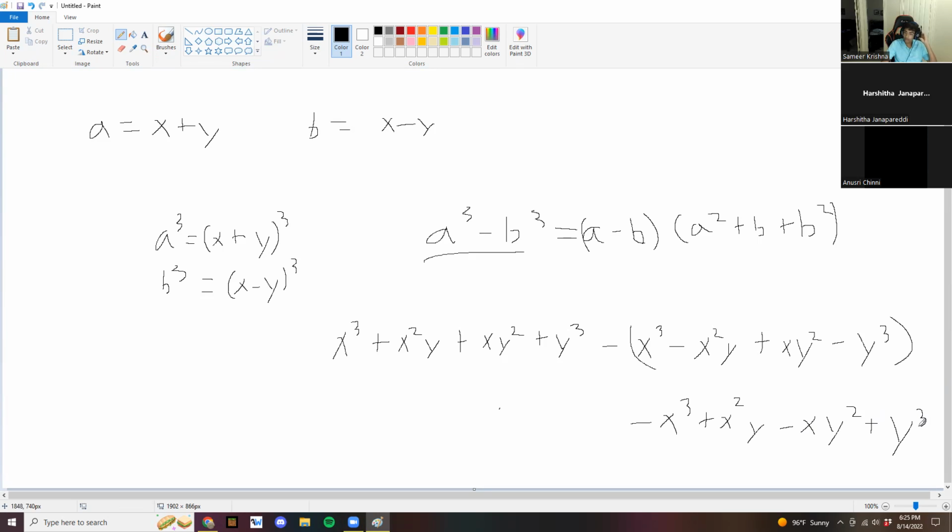Here you combine like terms, you get 2x squared y plus 2y cubed, right? Hold up.